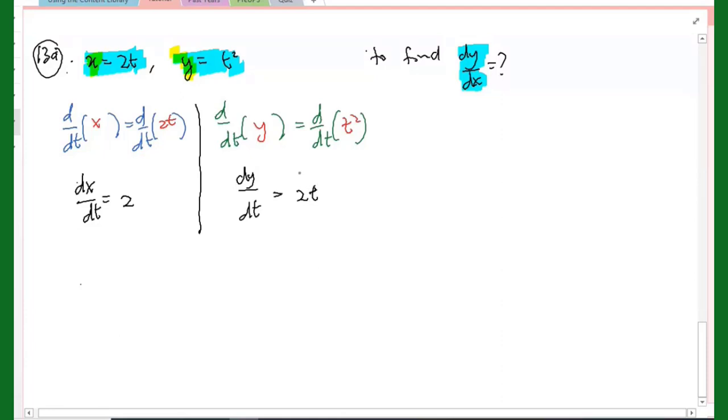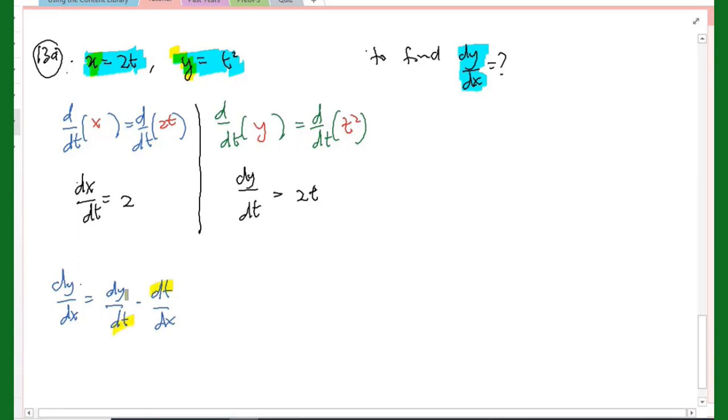So now we are going to find dy/dx. We use the chain rule: dy/dx is dy/dt times dt/dx. It looks like we can just cancel, but that is not a good concept.